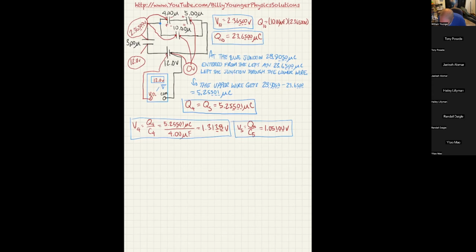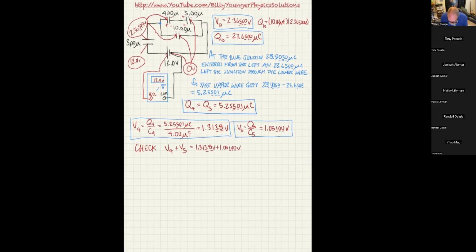So my check is V4 plus V5 is equal to 1.3138. And remember, we're only supposed to have 3 sig figs, which is 2 decimal places on this number, plus 1.05100. And it's also 2 decimal places on this number.